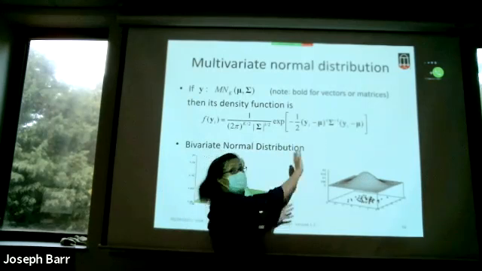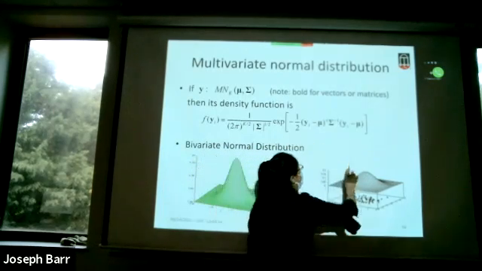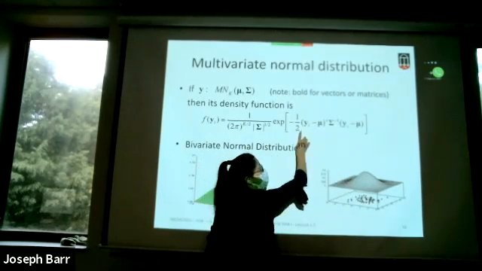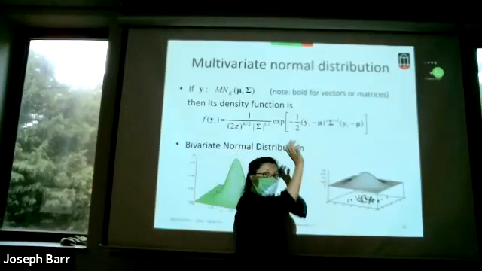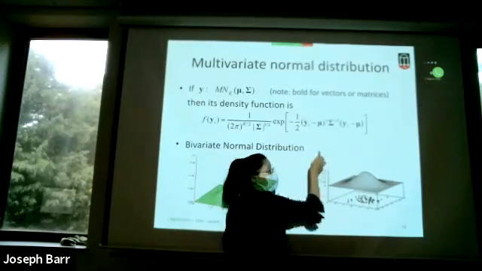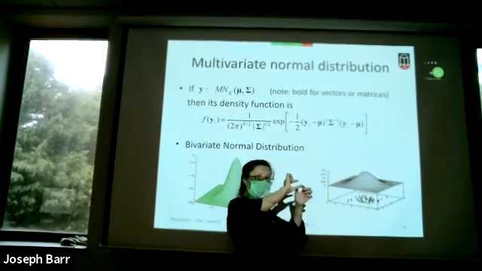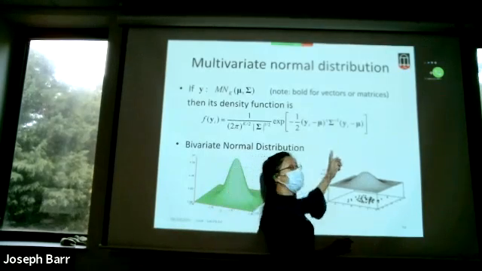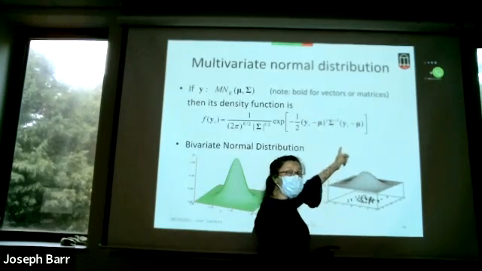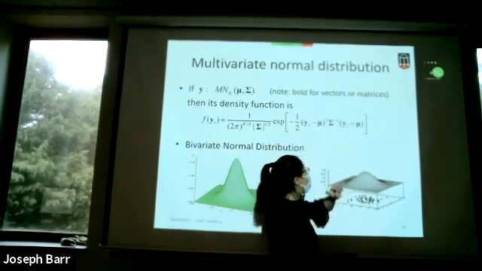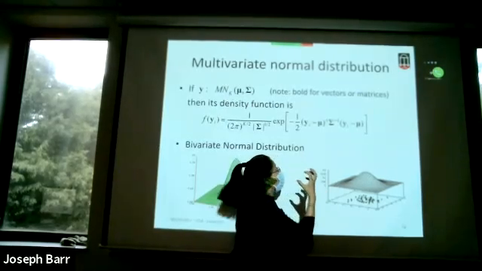And then there is another exponential part here. Look at this. This is a vector, y. Mu is a vector. We have k dimensions. That is a difference. And here it's transposed. The column vector becomes a row vector. And then this is an inverse. Remember we have the inverse definition of the matrix. The inverse of the sigma covariance matrix.